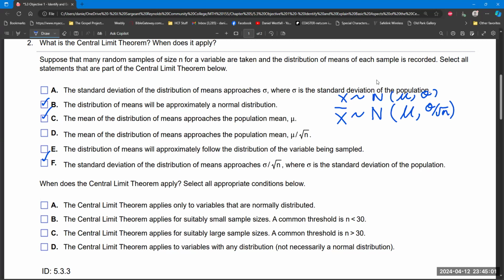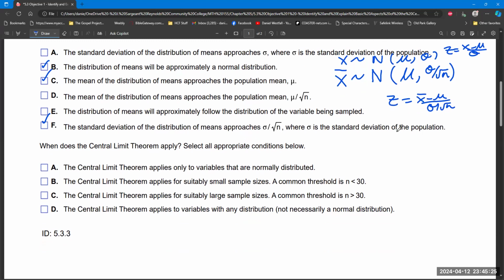So what that tells us is when we're going to find z values for x bars, it's going to look like this, as opposed to the z values here, which are going to look like this. That's what that tells us.